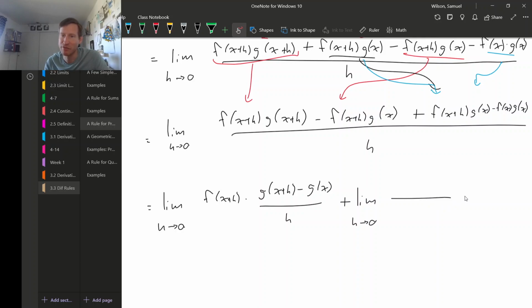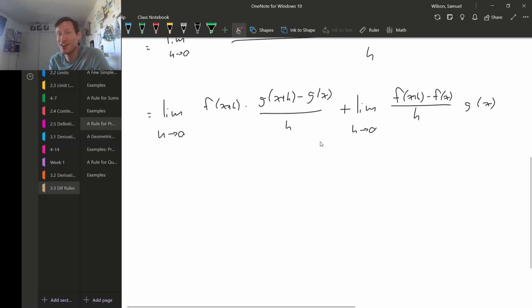So we'll write our fraction first and the g of x over here, and when we factor out that g of x, the stuff left over is f of x plus h minus f of x over h.